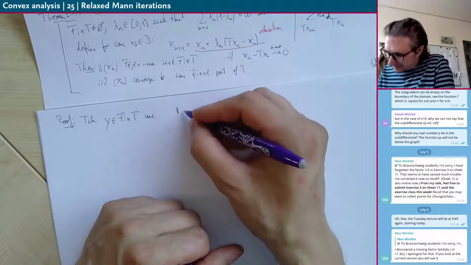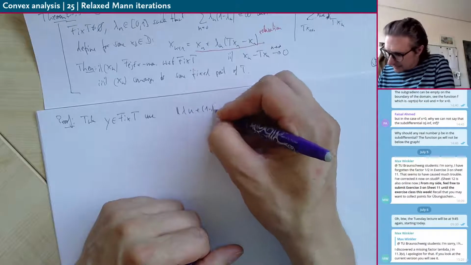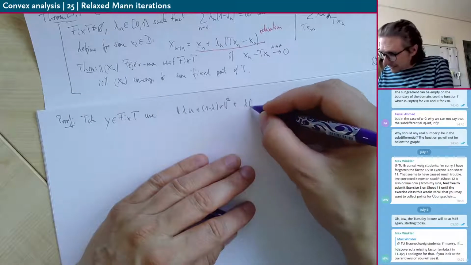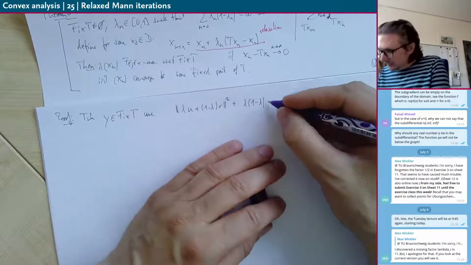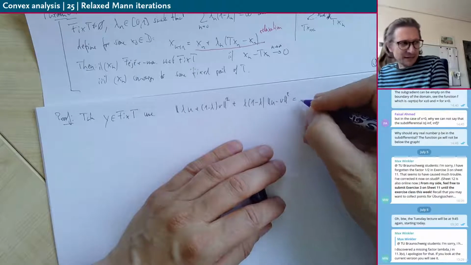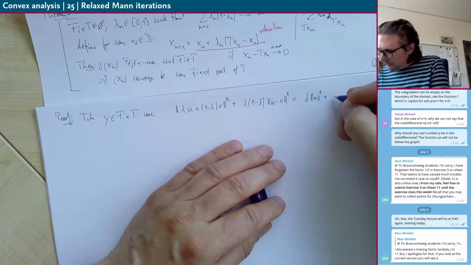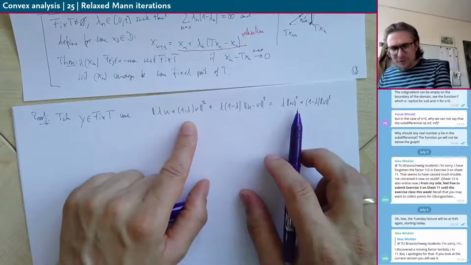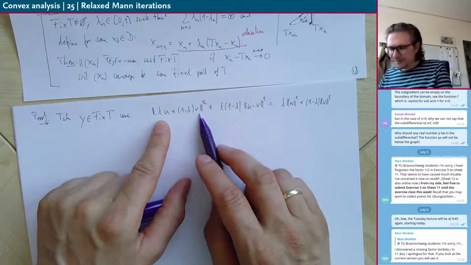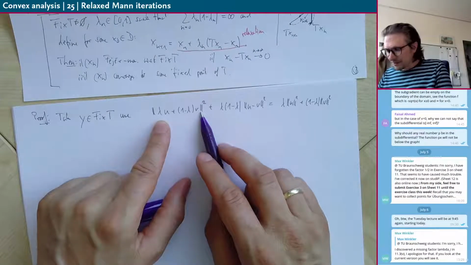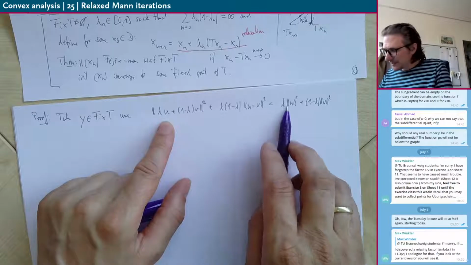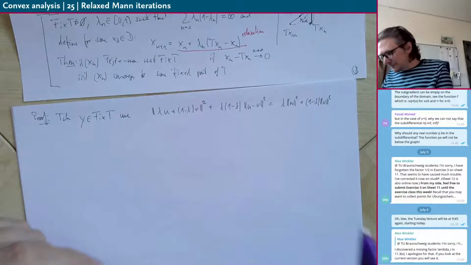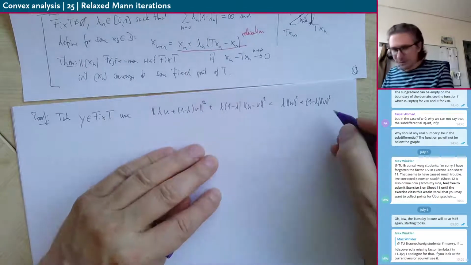The equality says: the norm of lambda u plus 1 minus lambda v, squared, plus lambda times 1 minus lambda times norm of u minus v squared, is exactly equal to lambda norm of u squared plus 1 minus lambda norm of v squared. I say it looks wrong because if you just start simple and expand the square, you would get lambda squared here and 1 minus lambda squared over there, but you still have this term here, and if you just work everything out, this checks out.